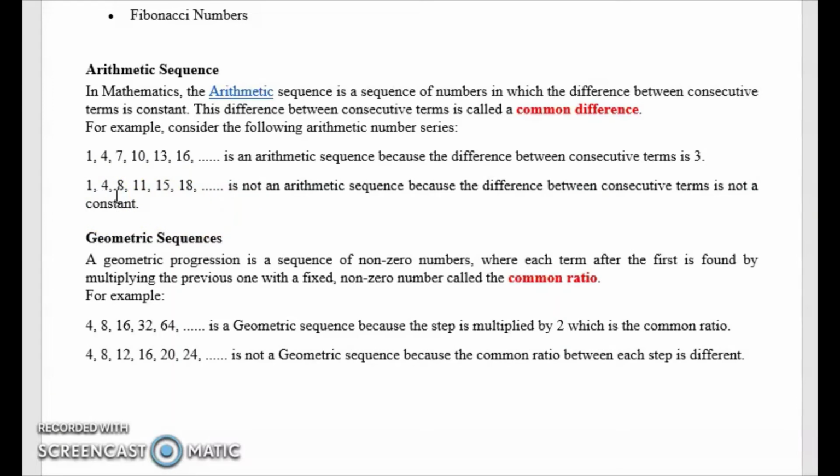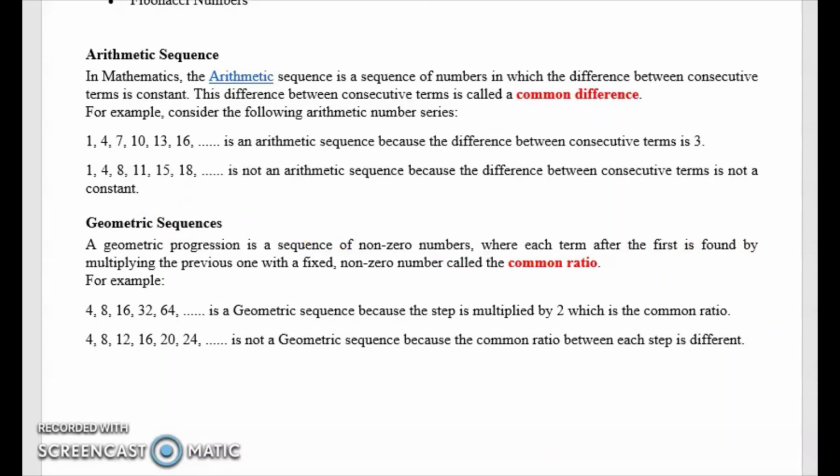Next, the difference is 4. Dito pa lang, hindi na siya arithmetic sequence, because hindi na siya common difference. Susunod, 3 na naman, next, 4 na naman. Magkakaiba-iba yung difference. So this is not an arithmetic sequence.